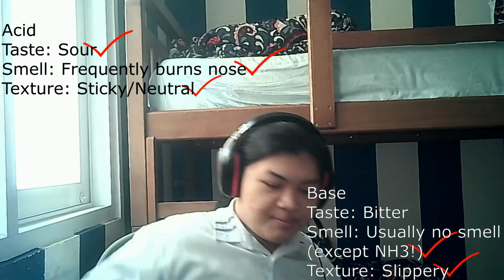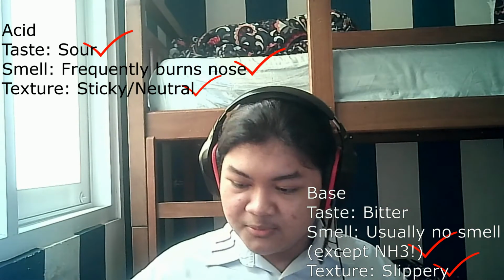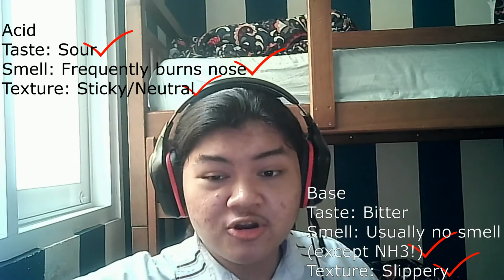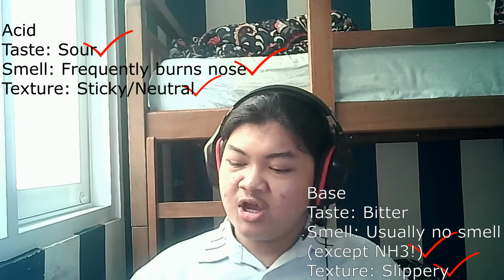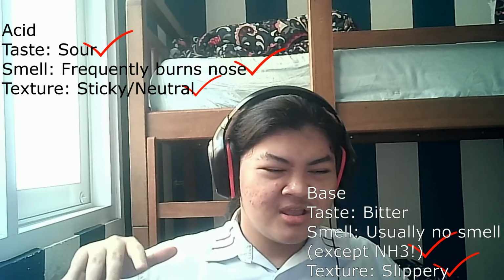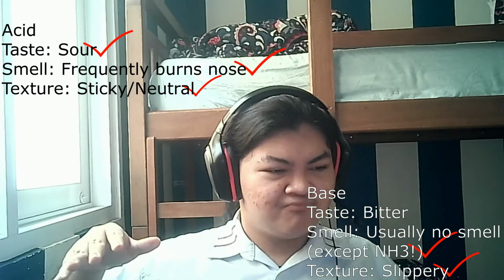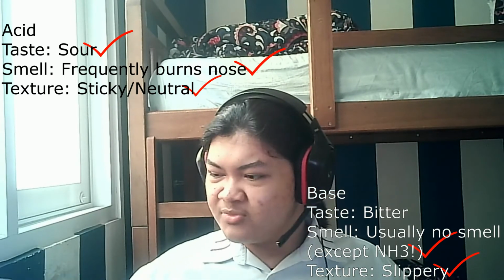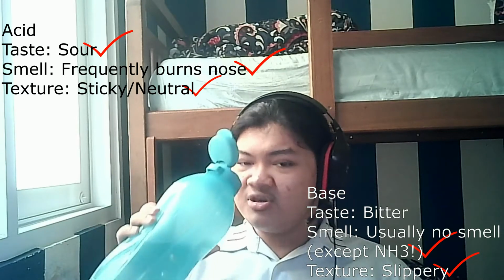So that was the acidic, the vinegar, which is usually between 2.5 and 3 on the pH scale.